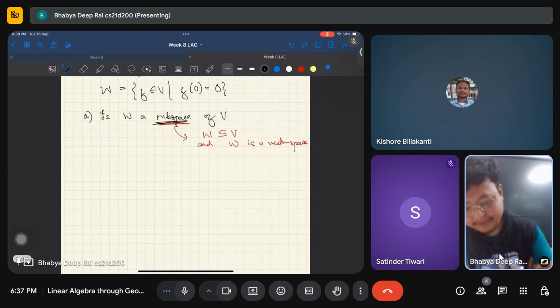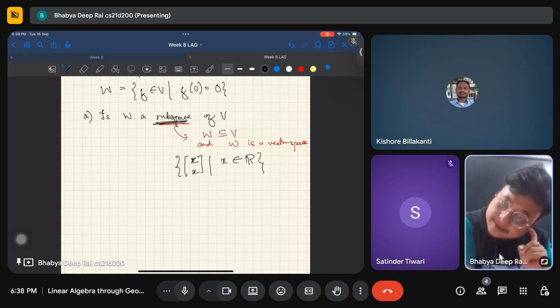For example, a simple example is S, the set of x, x such that x belongs to real numbers. This forms a vector space.